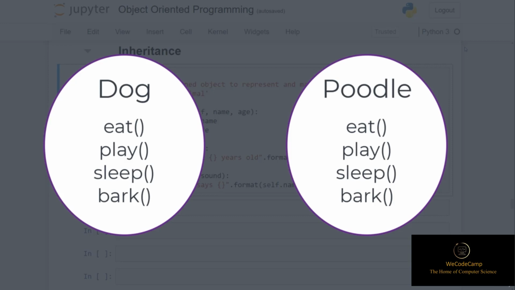If we wanted to override the bark method of the dog class, we can do so in the poodle class, which means that the bark of a poodle is more unique and is specific to the poodle itself. The other methods can stay as they are, which means we have inherited the methods but have overwritten the bark method. Now let's take this over to Jupyter Notebook and see it in practice.